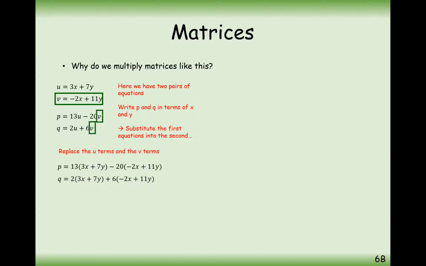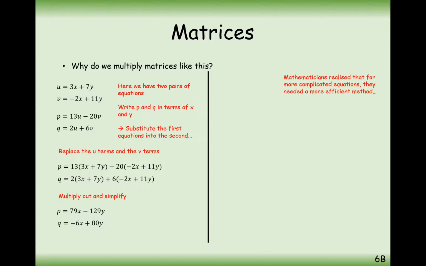And we've done the same thing for v, where we've substituted in minus 2x plus 11y into both of the two positions for v. Multiply out your brackets, and you get this very ugly looking answer to what p and q are in terms of x and y. Now, what mathematicians a long time ago were looking at is, is there a shorter way of doing this substitution?